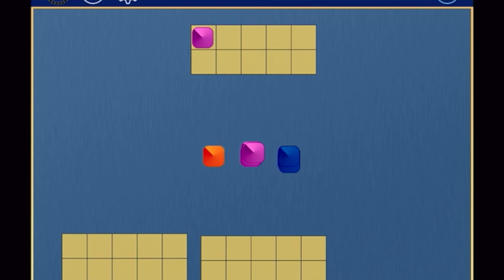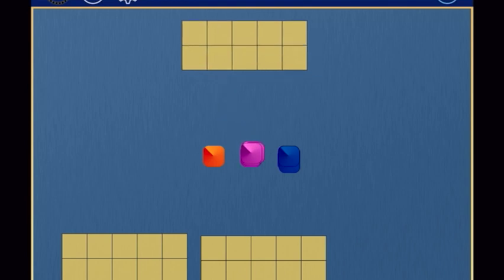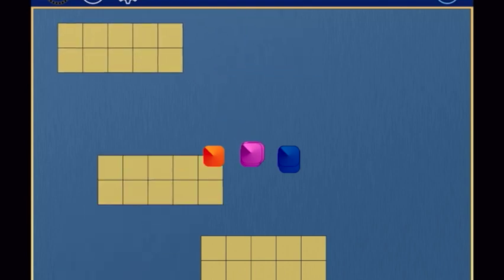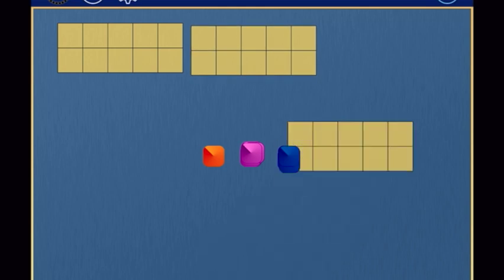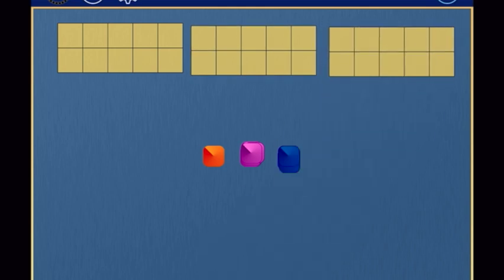Obviously this is going to be quicker with a single tens frame, and they're more efficient models for doing double digit addition and subtraction. But I think it is important to also show students how we can use this for double digit.